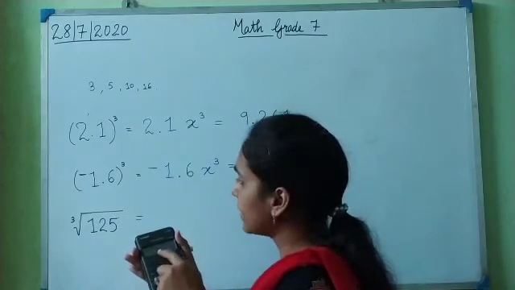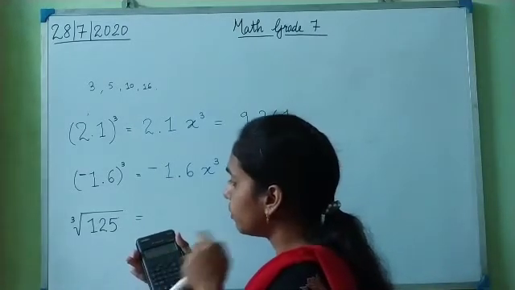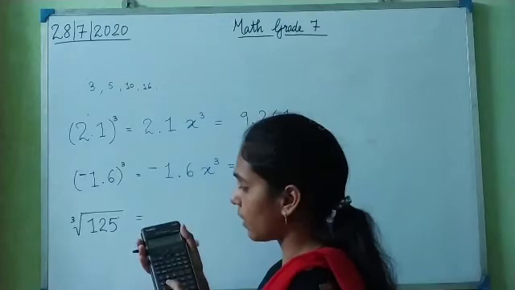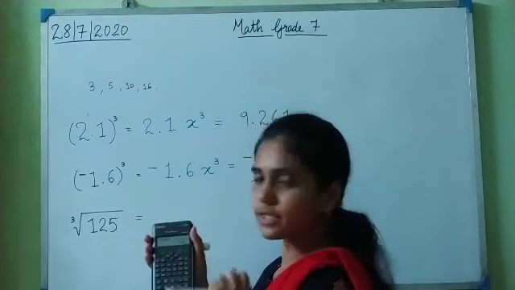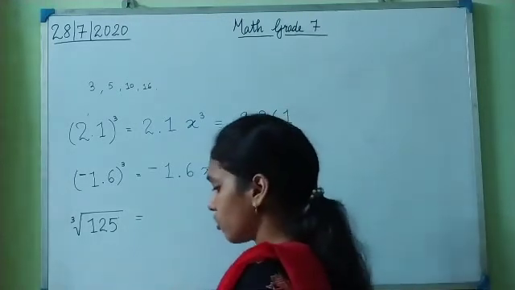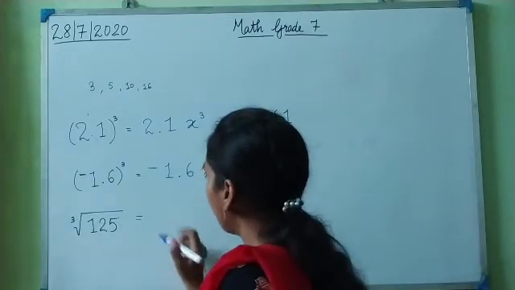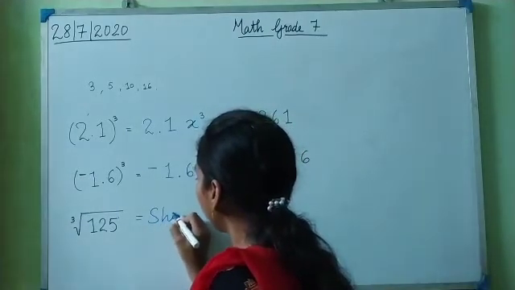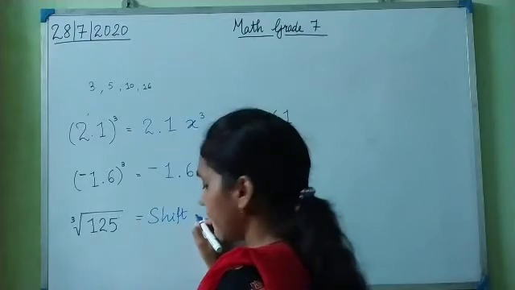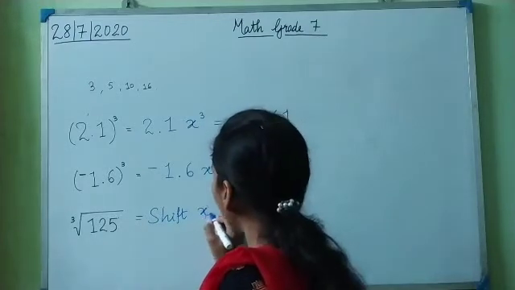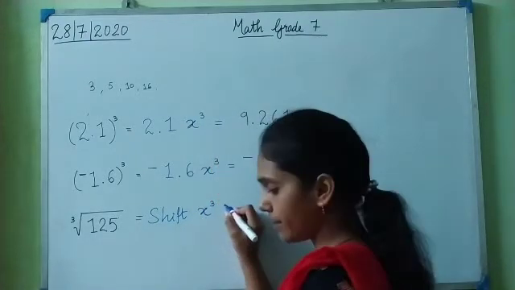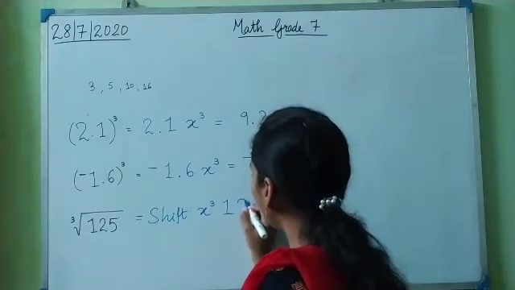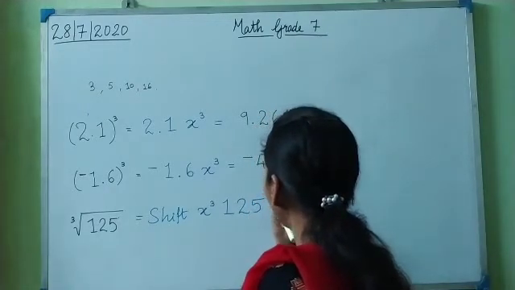So, cube root of 125. Now I press 1, 2, 5. The answer is 5. Which keys did I press? First I pressed shift, then the x cube button, then the number 125, and then equal to.